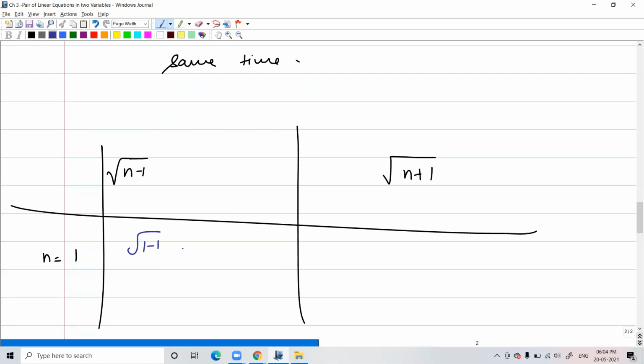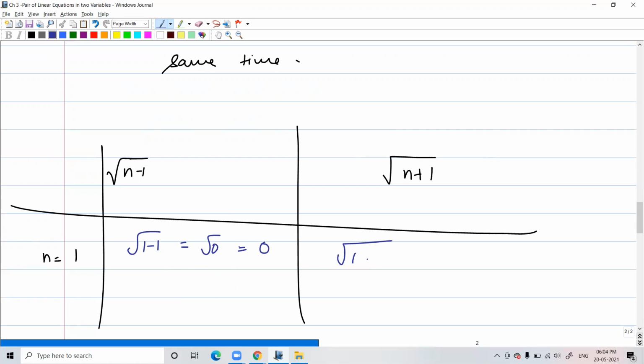Square root of 1 minus 1, that is 0, right? And this is rational. 1 minus 1 becomes 0, so square root of 0 is also 0. This is rational. Okay, very happy. But for the same value of n equal to 1, can this be also rational at the same time? Let's see that.